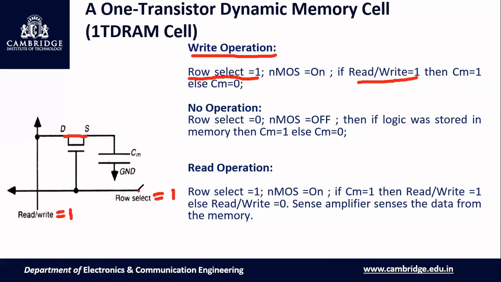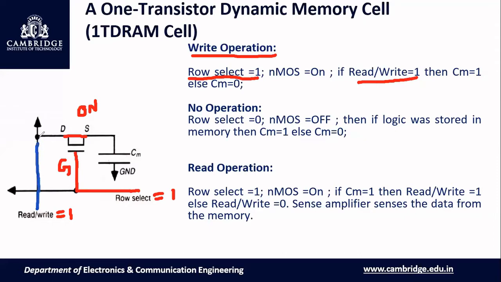Because the row select line is connected to the gate of this NMOS transistor. When we apply logic 1 to the gate, the NMOS transistor will be on. Now what will happen when NMOS transistor is on? Whatever data you are giving to the drain will be passed.